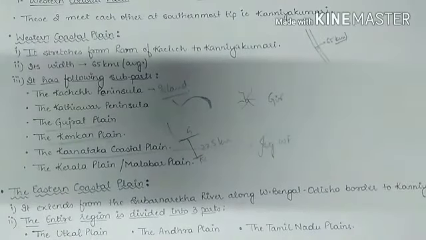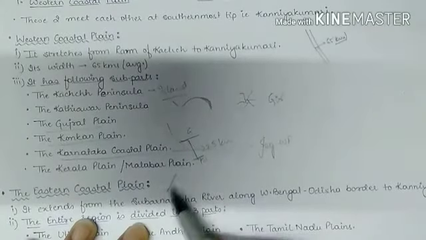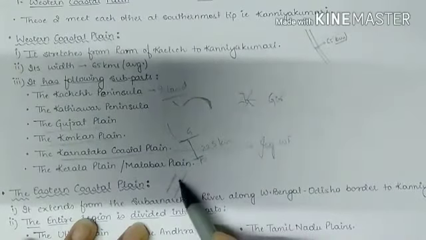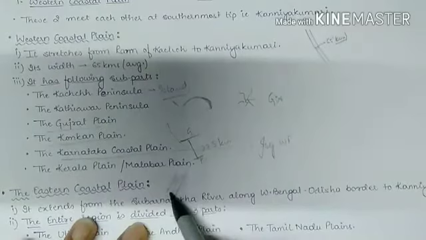Now between the Eastern Ghats and the east coast of India, we have the eastern coastal plain. Okay, so these are the Eastern Ghats, and this is our eastern coastal plain, eastern coast. Between them, we have the eastern coastal plain.